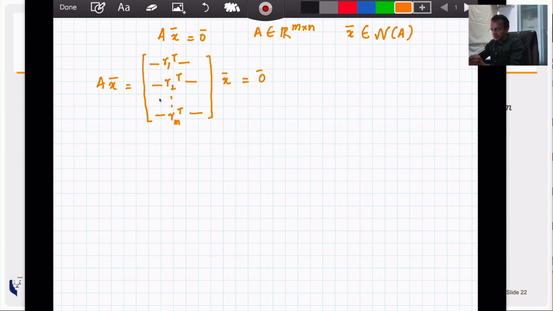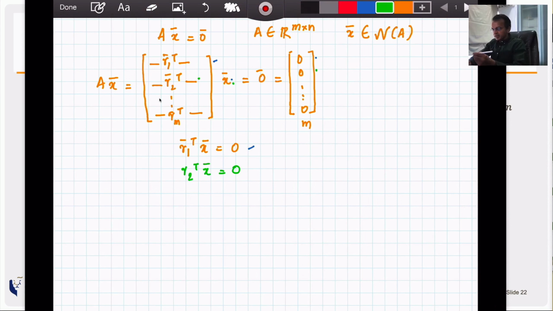What is 0? That is a vector of m elements also, 0, 0, all the way up to m of them. So I can read row by row here. What that means is R1 transpose x is equal to 0, the number. The second one would be R2 transpose x equal to 0, and so on.